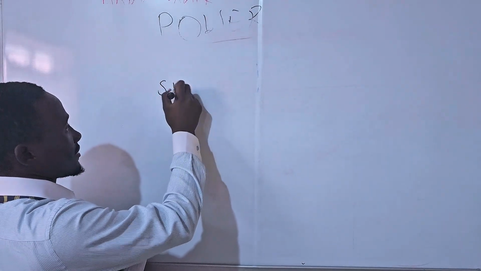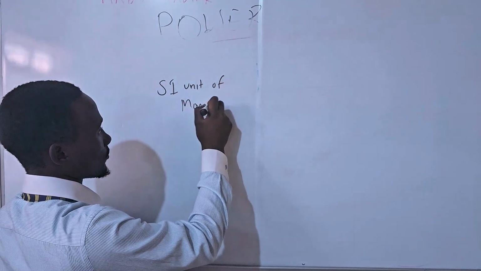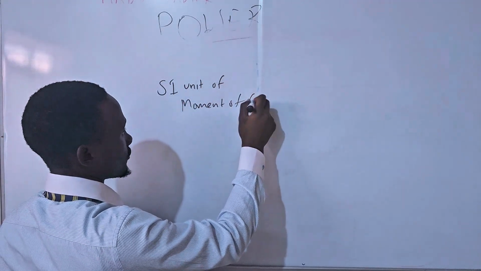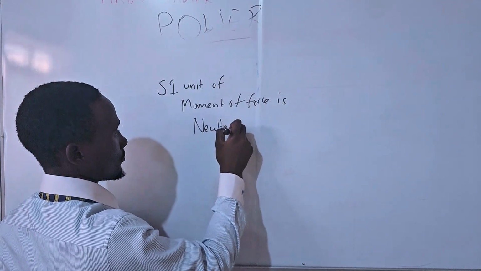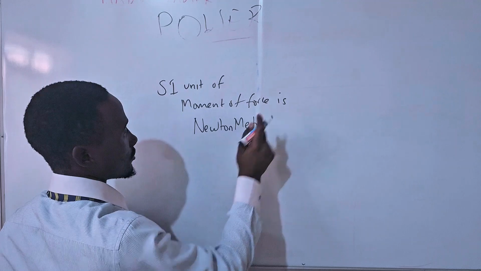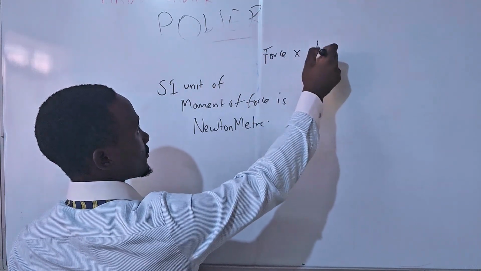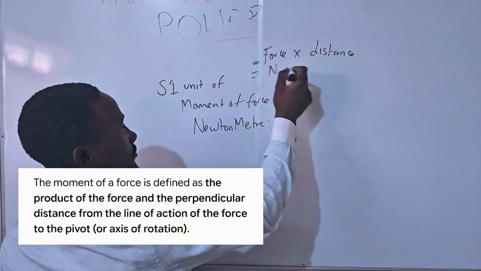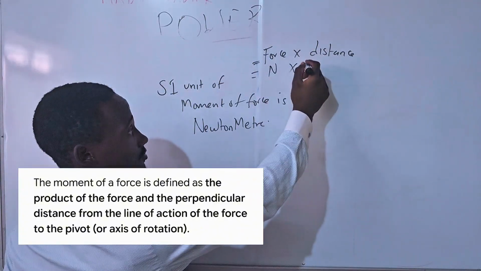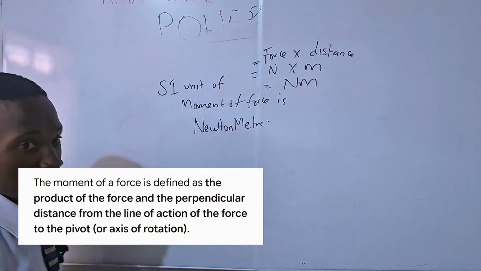And we said that the SI unit of moment of a force is Newton meter. How do you get Newton meter? That is Newton, the force, times the perpendicular distance. The force is in Newtons and the distance is in meters, so you get Newton meters.